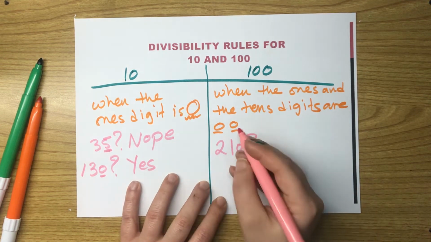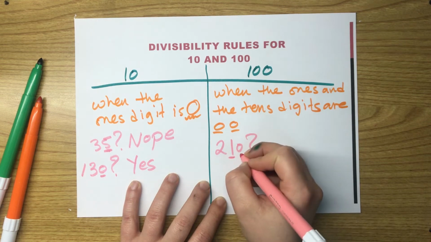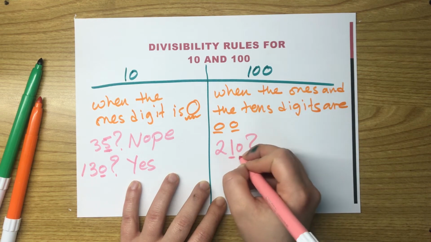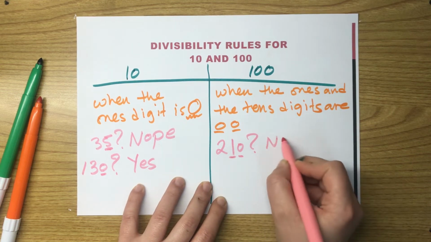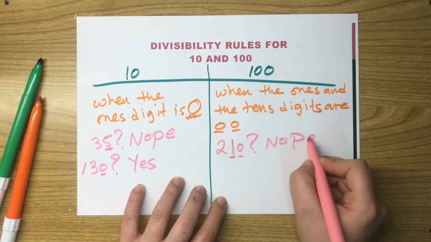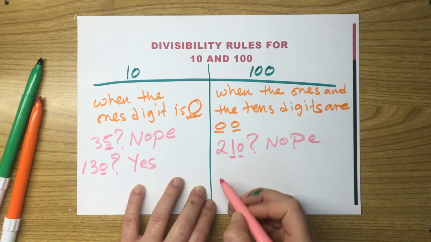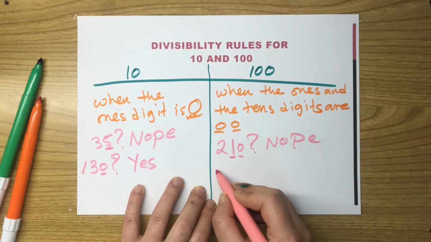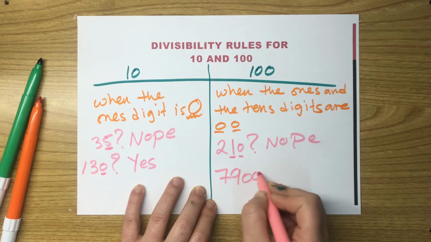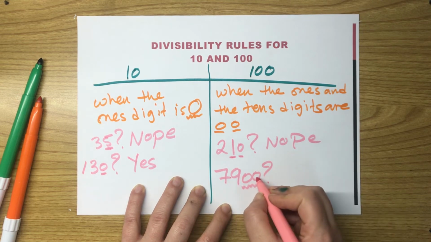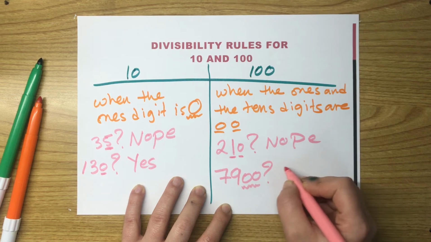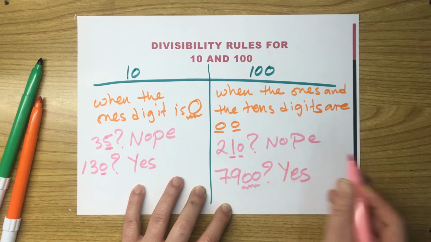Nope, because there is a 0 in the ones digit, but there is 1 in the tens digit. Both of them must be 0. Is 7,900 divisible by 100? Yes, because the ones and the tens places are zeros.